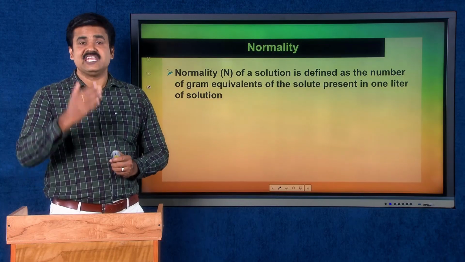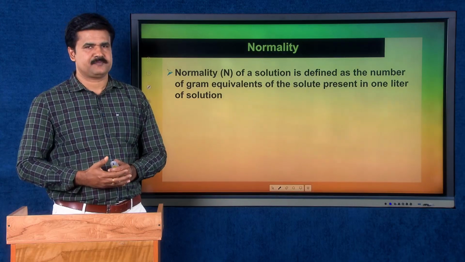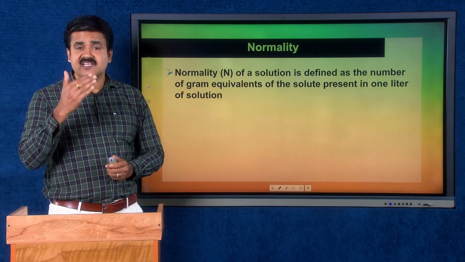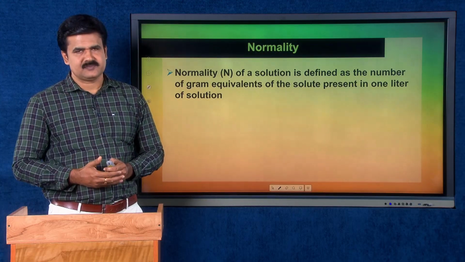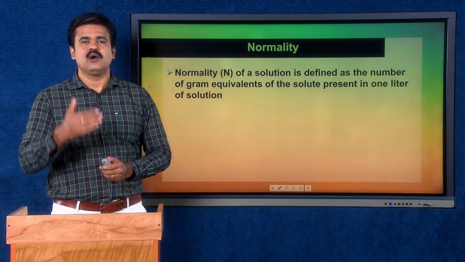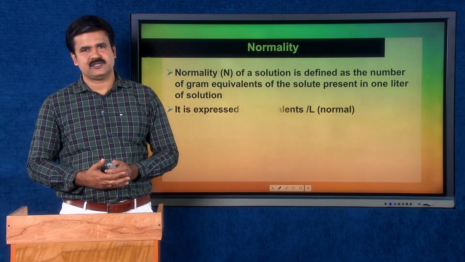In molarity we discussed the number of moles of the solute. However, here we are considering gram equivalents of the solute, present in 1 liter or 1000 ml of the solution.